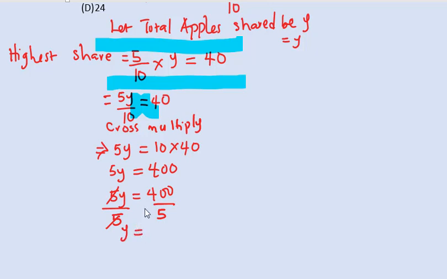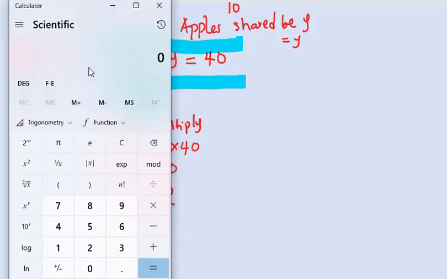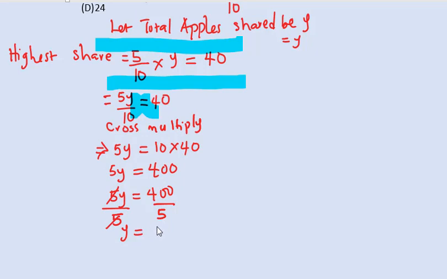You can use the on-screen calculator. I have a calculator that can help us figure this out. Okay, so 400 divided by 5 is equal to 80. So we'll have that y is equal to 80 apples.